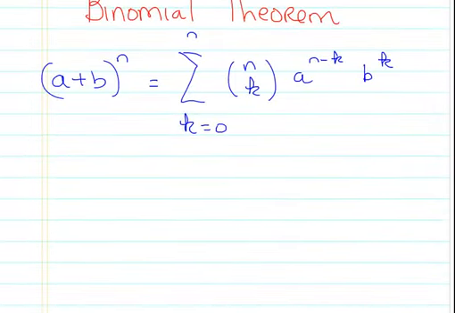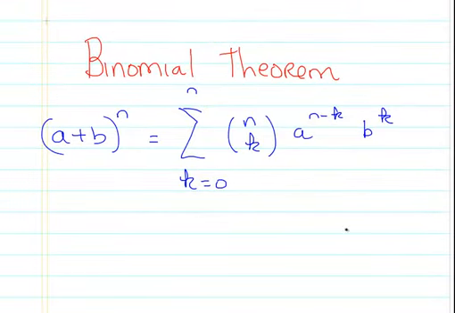I have it written down here somewhere. So the binomial theorem is (a plus b) to the power of n equals the sum of (n choose k) a to the n minus k times b to the k. Okay, so let's go back up here. Essentially, we can let that all add up to (a plus b) to the power of n.